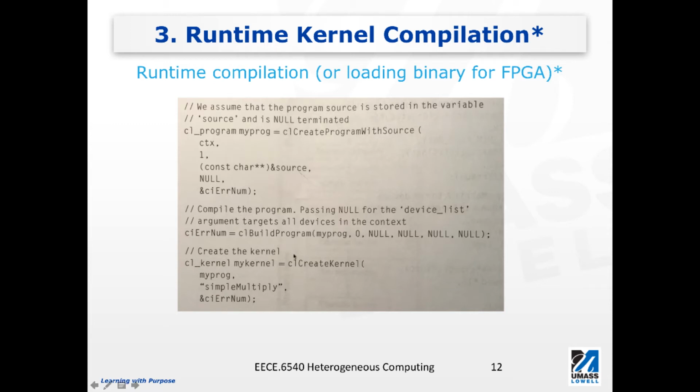With compilation, you have all the entry points to these different kernel functions. So clCreateKernel is to really select the right entry point for the specific kernel function you choose to use. The input argument is myprogram, which was created ahead of time. And the second argument is the kernel function name that you choose to use.